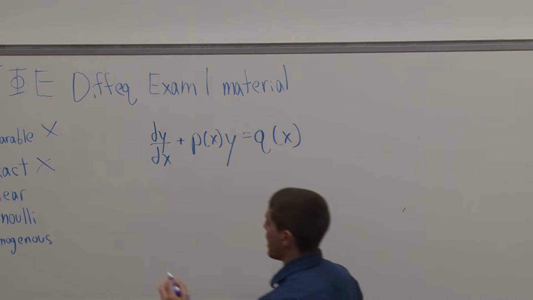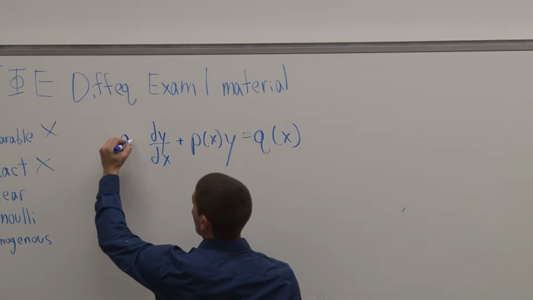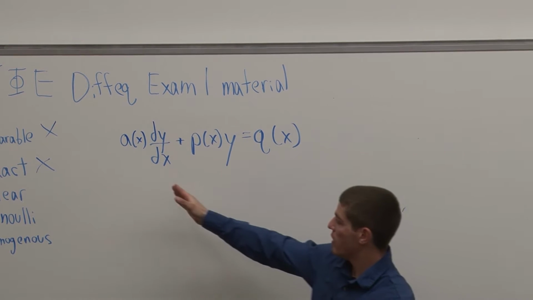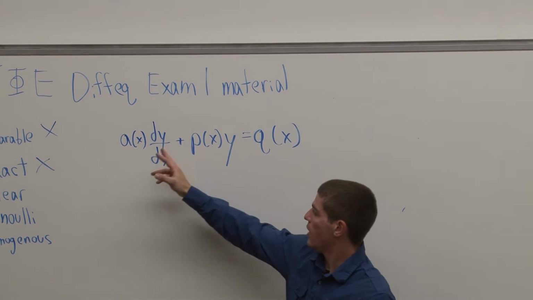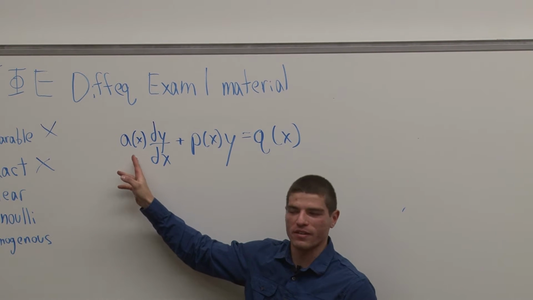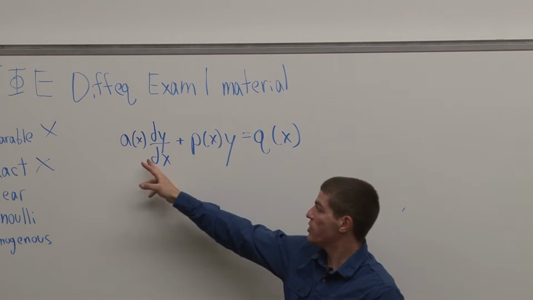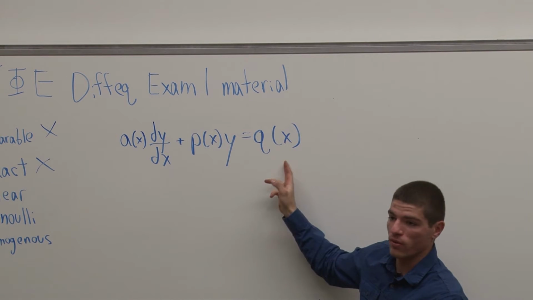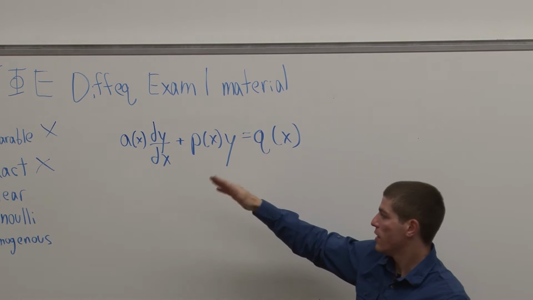If you have a 2 in front or some constant, or in the book some function a of x times the dy dx in front, the coefficient of the dy dx, you need to divide it out. Then you'd have your new p of x and your new q of x after you divide the a of x over.